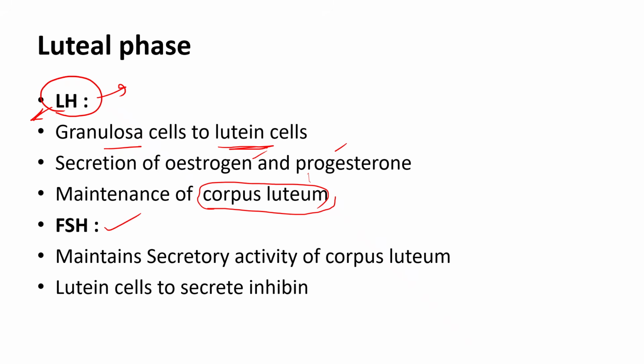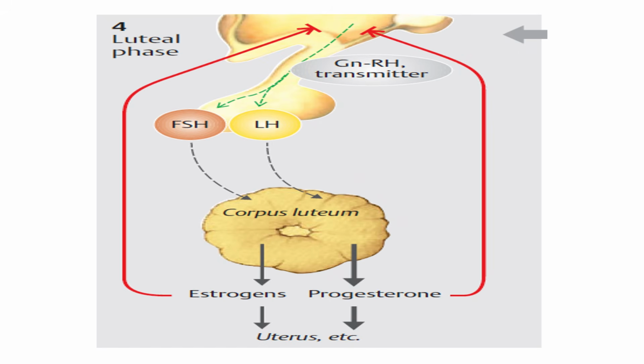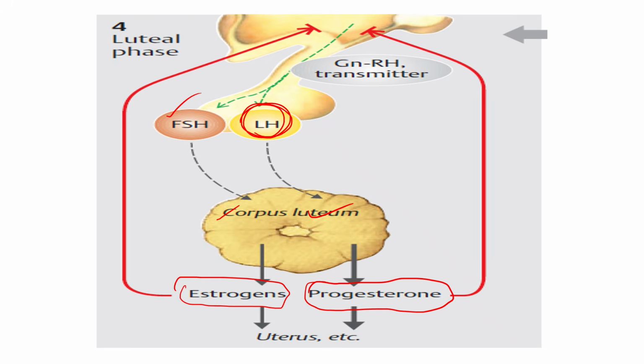And FSH also maintains the secretory activity of the corpus luteum, and it also stimulates the lutein cells to secrete inhibin. So in the luteal phase, the primary one is luteinizing hormone, which acts over the corpus luteum to primarily secrete progesterone, while FSH acts on the corpus luteum primarily for the secretion of estrogen.